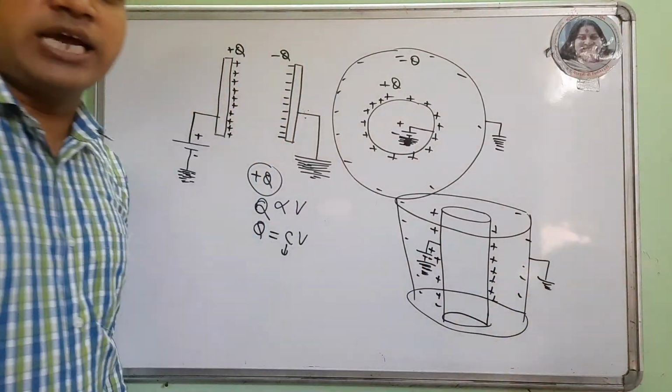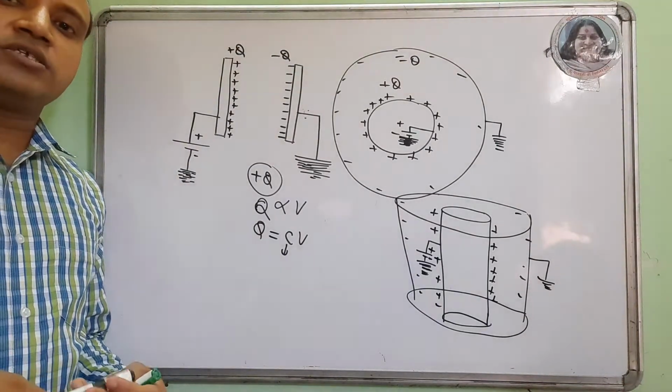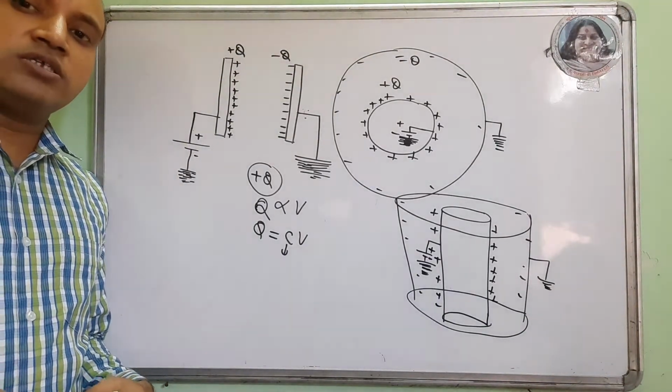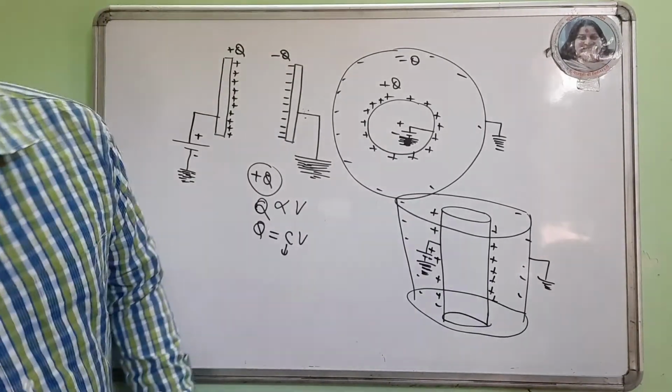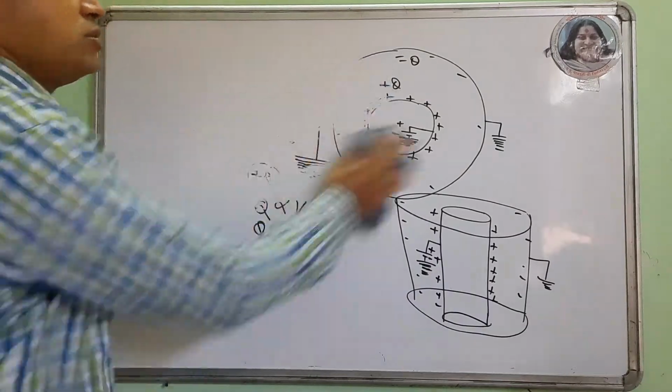So we have three types of capacitor. One is the parallel plate capacitor, second is the spherical capacitor, third is the cylindrical capacitor. First, we will discuss all the cases of the parallel plate capacitor.